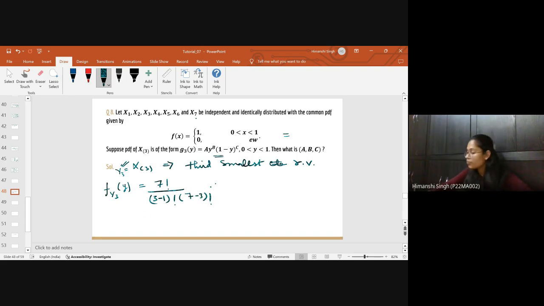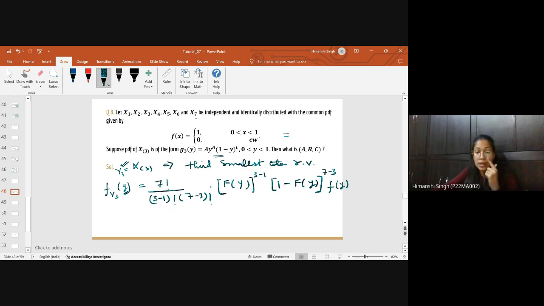Okay, into the distribution at y to the power r minus 1, that is 3 minus 1, into 1 minus the distribution at the point. Here I am taking the argument to be y, so I will take it as y. Okay, so F(y), 1 minus F(y) to the power n minus r, so it is 7 minus 3, into the density f at y.